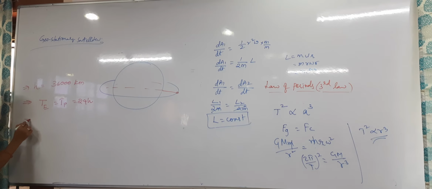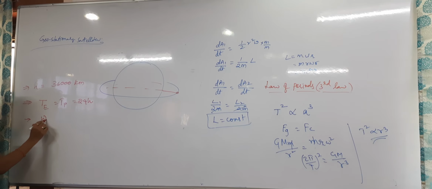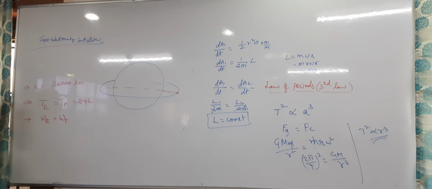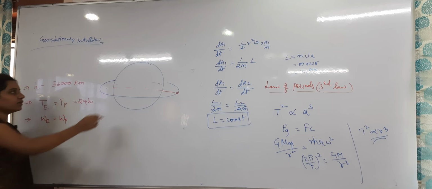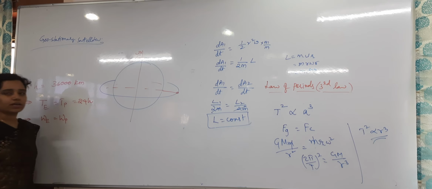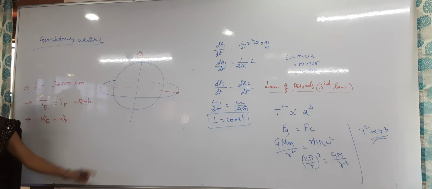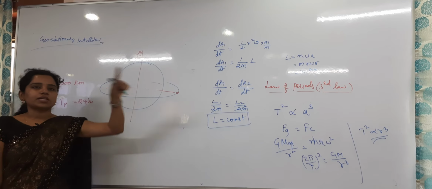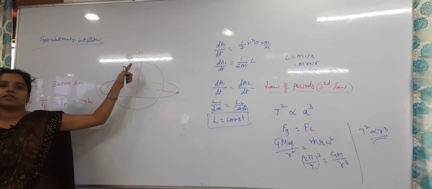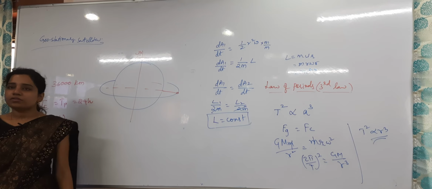And one more thing: the angular velocity of the earth and the angular velocity of the satellite should also be the same. Whenever the earth is revolving with angular velocity omega in a circular orbit, that angular velocity and this angular velocity should be the same.